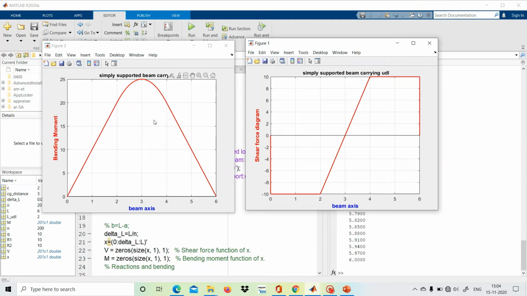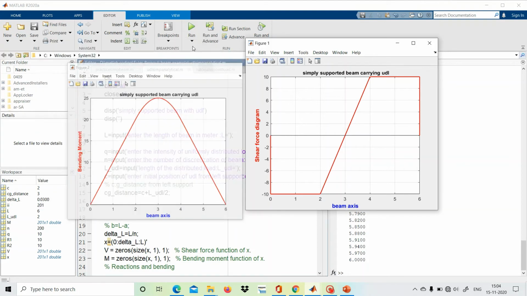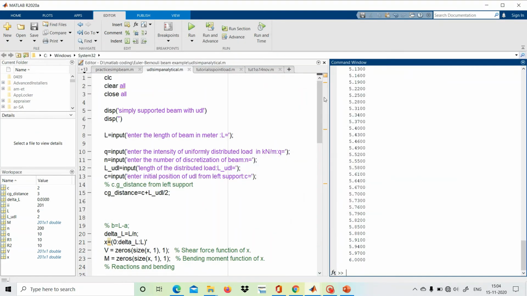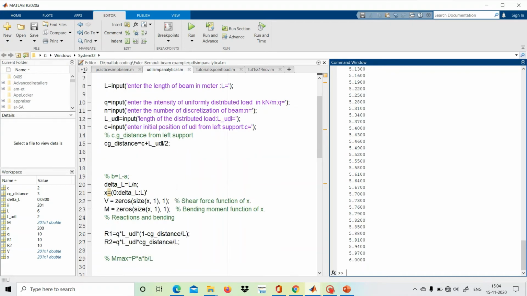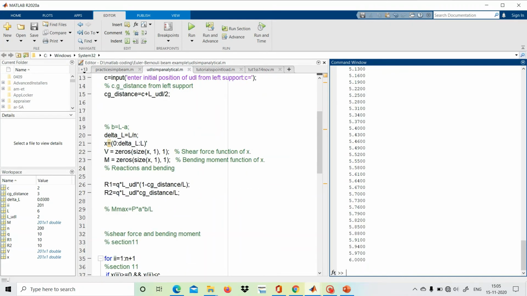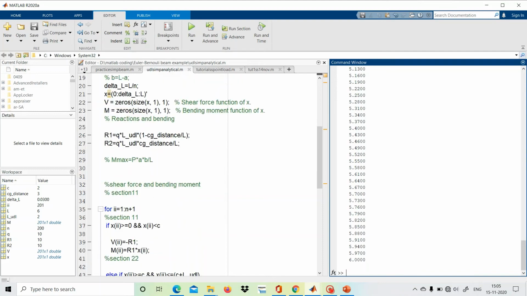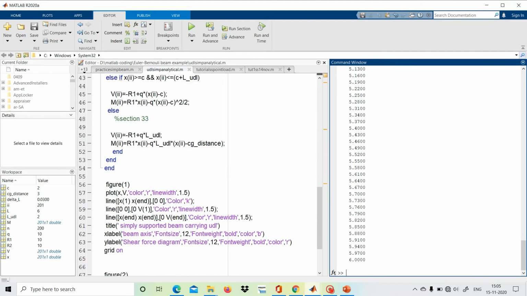So we have seen the shear force and bending moment diagrams for the simply supported beam carrying UDL. This code was very easy, and we can write it with the help of what we solved analytically. Each step we have seen, and directly we have shown how we can get the values.